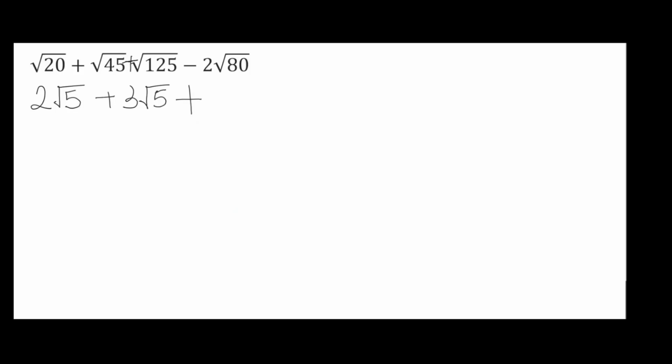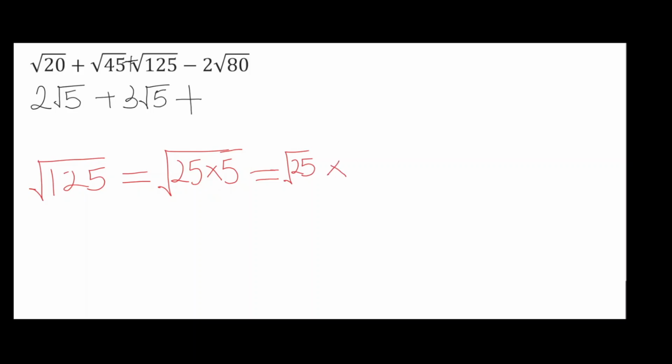So how do I write root 125 in its basic form? Root 125 can be written as root 25 multiplied by 5, because 25 is a perfect square. So we are on track. It is going to be the square root of 25 multiplied by the square root of 5.